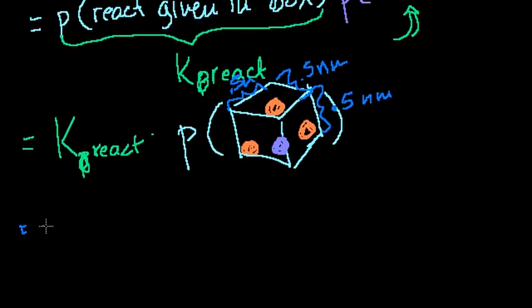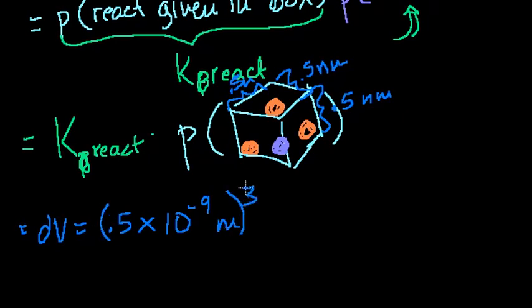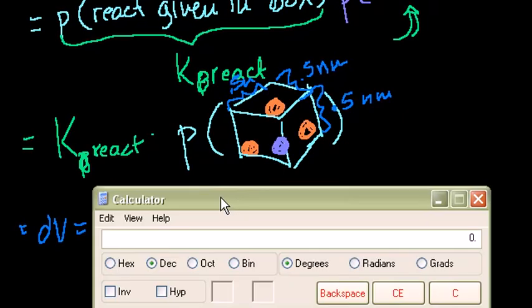So my little volume is going to be 0.5 times 10 to the minus 9th meters, that's a nanometer, to the 3rd power, because we're dealing with cubic meters. So this is equal to 0.5 to the 3rd power. 0.5 times 0.5 is 0.25 times 0.5 is 0.125. I want to do the math right, so let me just make sure I got that right.